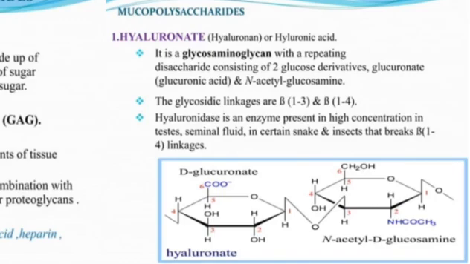The enzyme is called hyaluronidase. Hyaluronidase has the capacity to digest hyaluronic acid. That is one thing about snake venom. They contain hyaluronidase that has the capacity to digest structural components made up of hyaluronate.